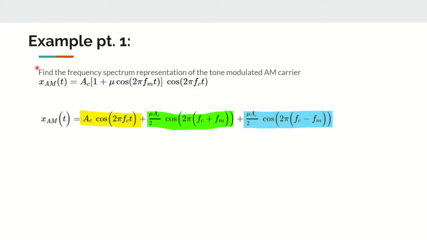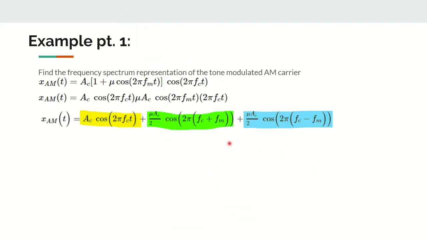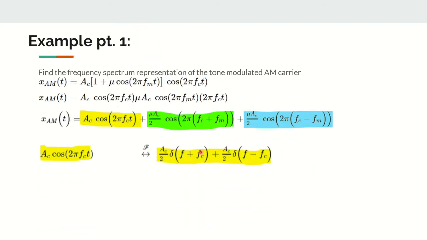So we're going to have our original equation here of our AM signal. We're going to multiply this in, and then we are going to multiply this in, and then using some basic trig identities, we are going to split this up into each one of these individual terms. And then afterwards, for each one of these terms, we're going to find the Fourier transform.